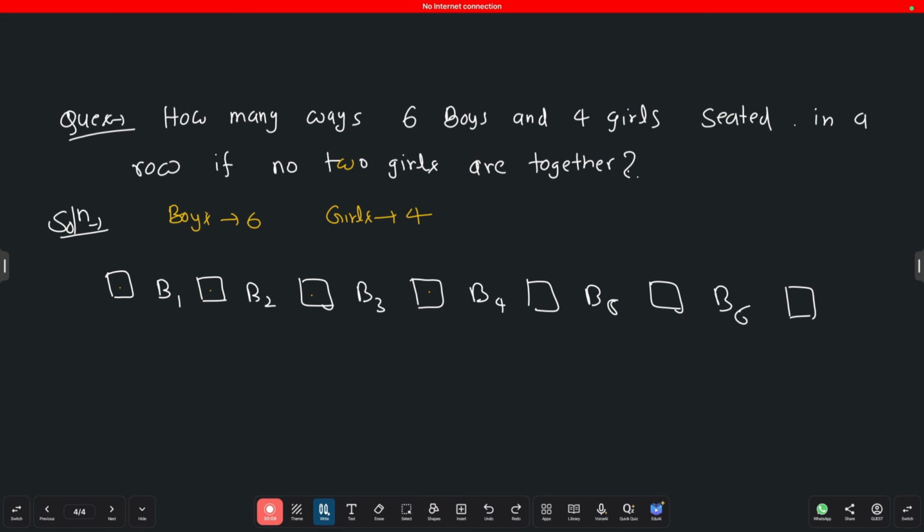First of all, tell me how many ways the boys can sit. All boys are different, and they can switch their positions. So the boys can sit in 6 factorial ways.